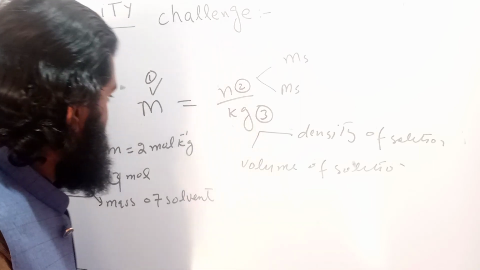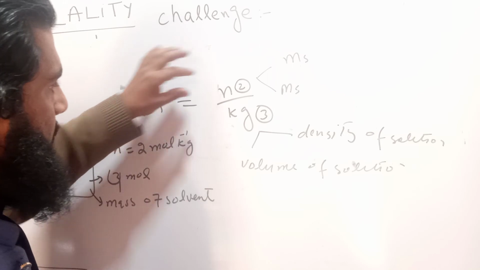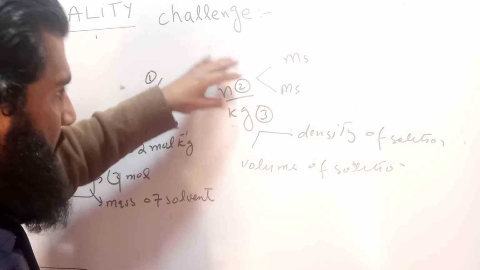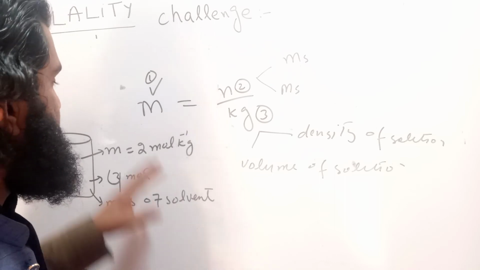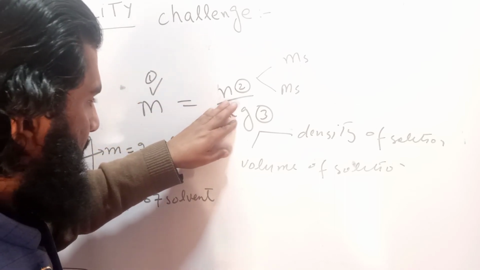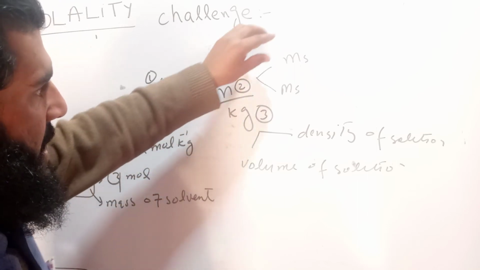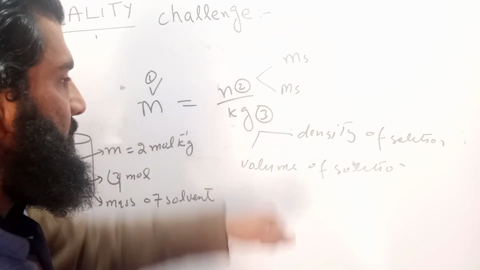Another question: they give molality and number of moles, and now we will find the mass of solvent. Second question: they give the molality, kilogram of solvent, and molar mass, now we will find mass of solute.